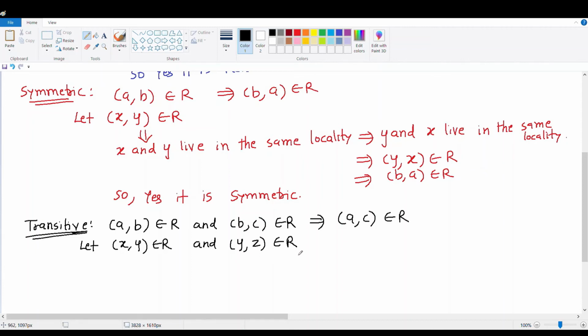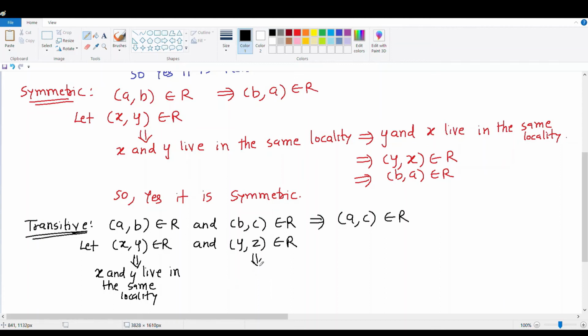So Y comma Z also belongs to R, right? Now what was the condition? If XY belongs to R, that implies what? X and Y live in the same locality.